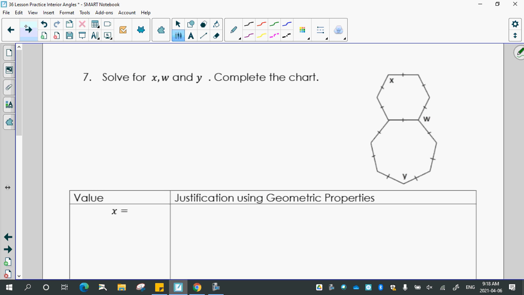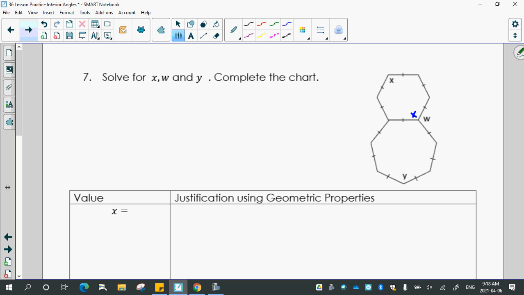Yep. Technically, you can find W first if you just know that each angle in a hexagon is equal, whatever. Which means you have to know X first. Okay. I mean, you could find X after. Well, I feel like you need to know. Do you guys agree that if you know X, you know that angle right there? Yeah.